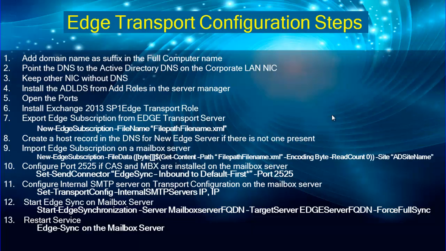All right. So the Edge Transport configuration steps are very easy if you follow them with some patience. But if you go in a rush, you might miss something. Install the server, Windows 2012 R2 I would say.